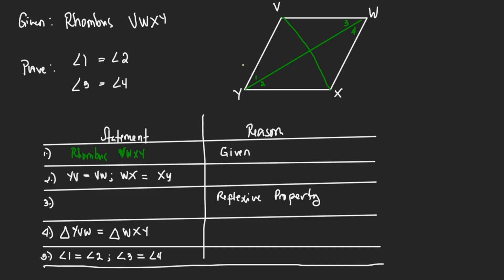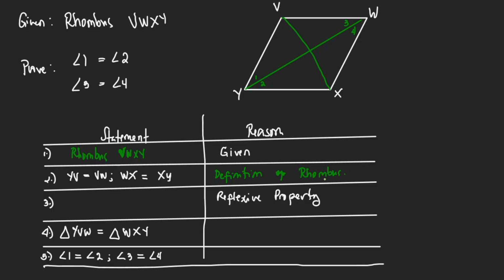If you observe, what is the definition of a rhombus? All sides are congruent. So this means line YV is equal to VW, and WX is also equal to XY. So the possible reason will be the definition of a rhombus.